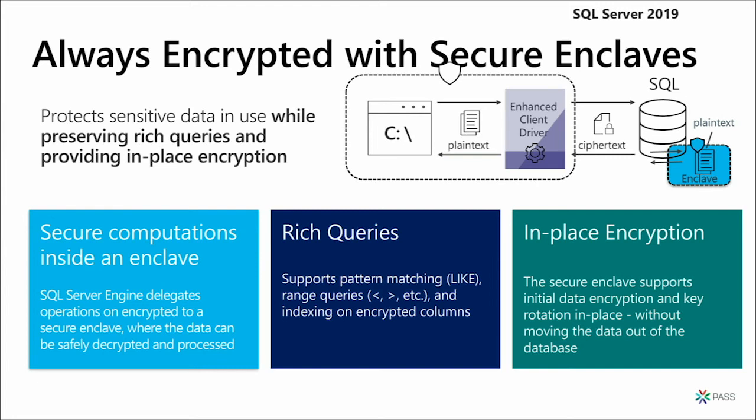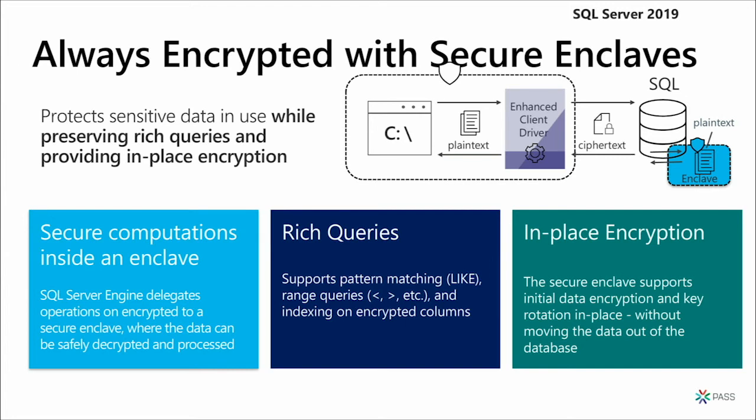And also it enables us to do rich queries, anything, also rich means basically anything, right? So we can say pattern matching, as I said, Smith, or anyone starting with a certain letter, or range queries. That's possible now because basically inside the enclave data gets decrypted, and now we could potentially do anything with it.